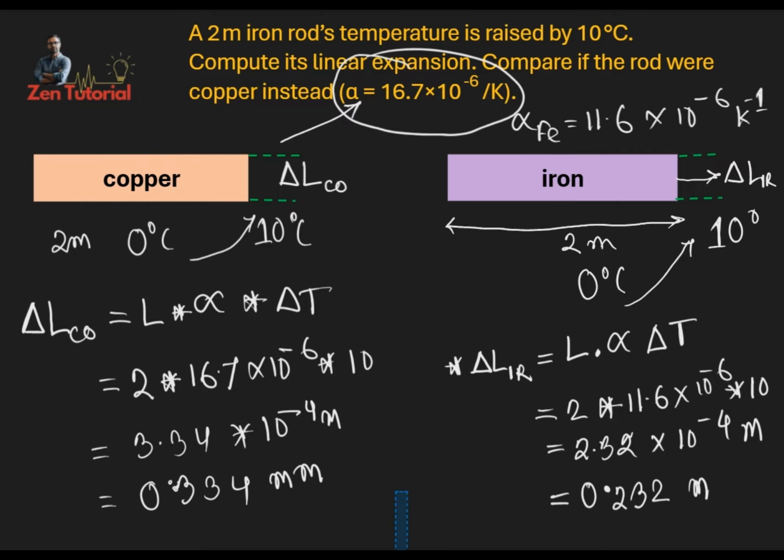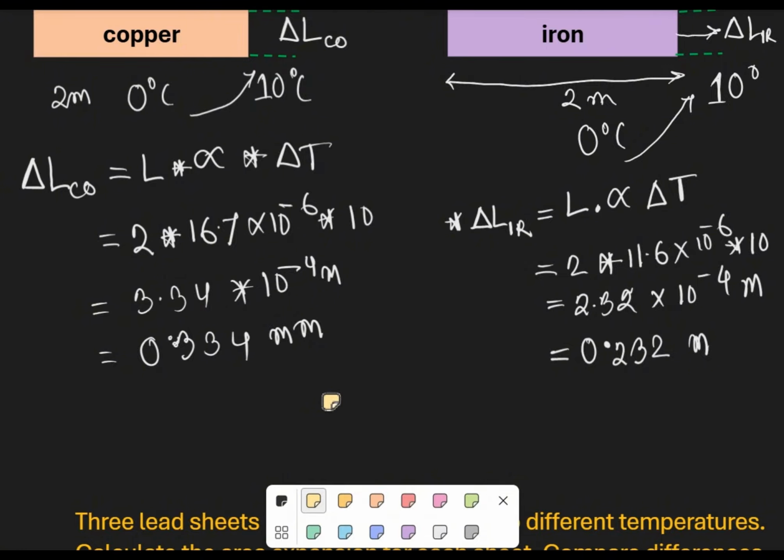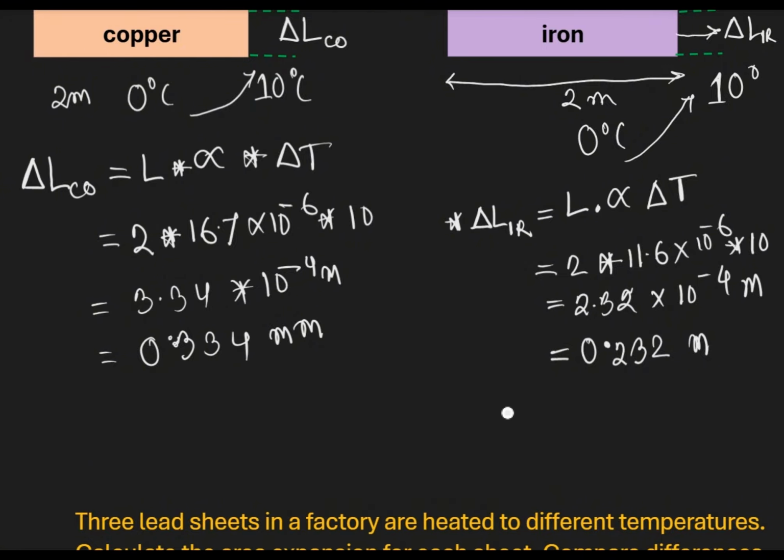So the value for copper is more than for iron, and we can make a comment here, or maybe a question asked like, how much percentage of enhancement happens within these two metals in comparison. Indeed, we could comment like 44% more expansion.